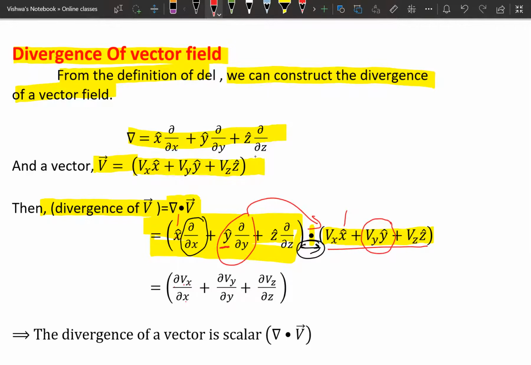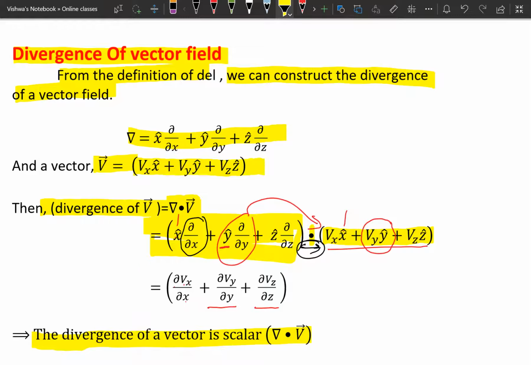So the second term becomes dou Vy by dou y. Similarly the term dou Vz by dou z. Observe that there are no vector notations like unit vectors here. So by these equations you can say the divergence of a vector is a scalar.